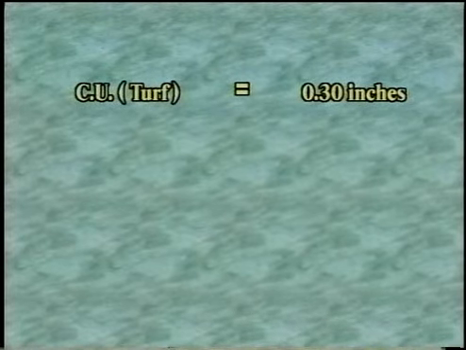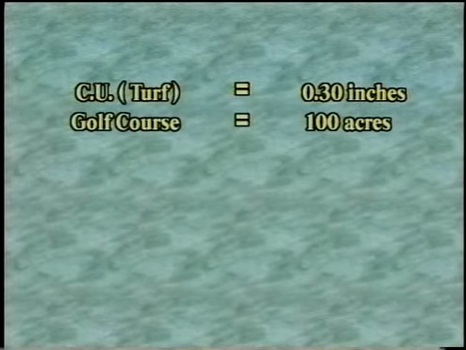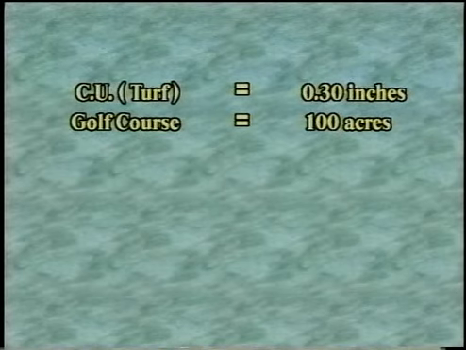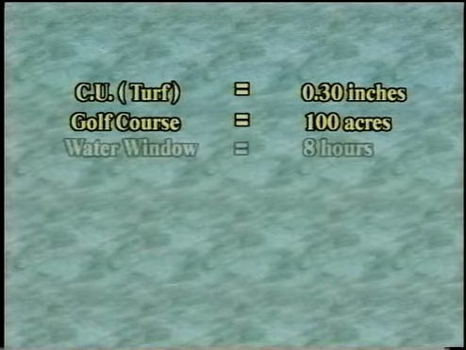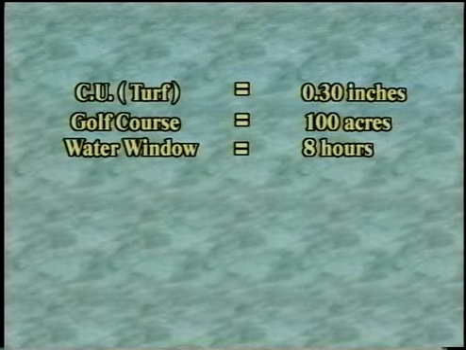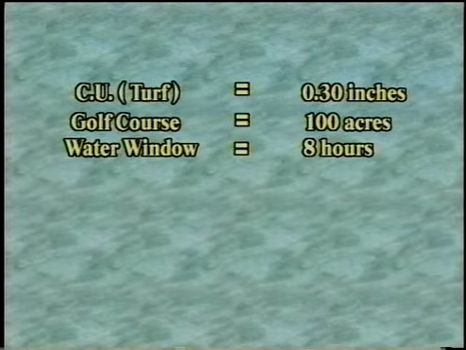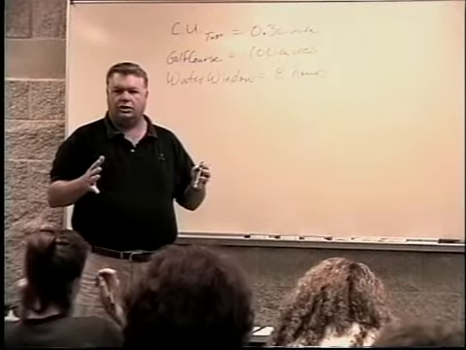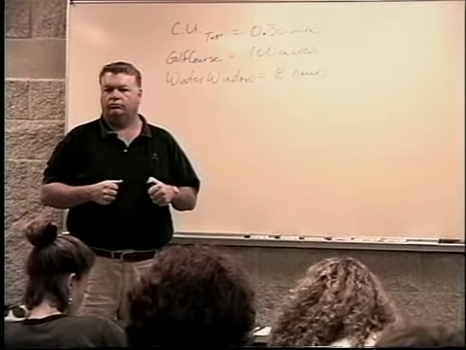Let's say we're on a golf course and it was 100 acres. Let's say our water window equaled 8 hours. Okay, so we're giving ourselves a very concise set of parameters to work from.